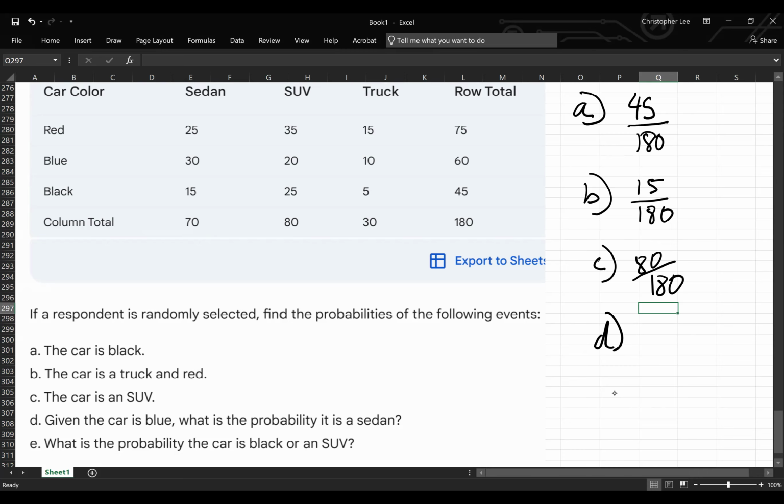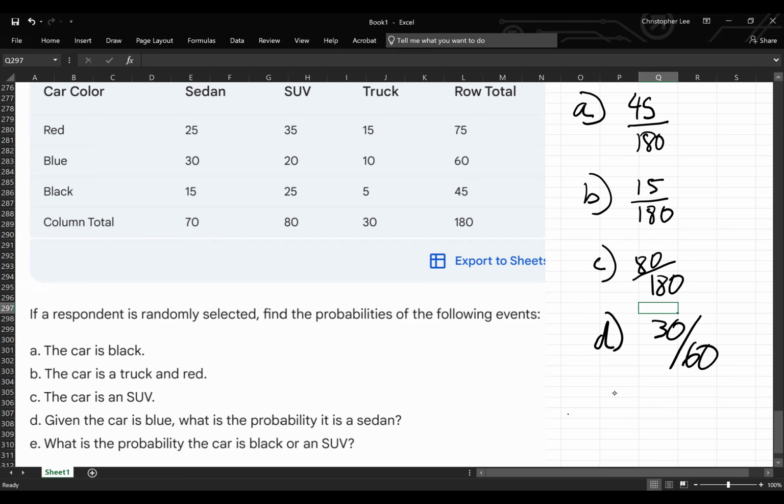It's the sedan. So whatever comes after the given, that's your denominator. 60 total cars, only 30 of them are sedan. So it's 30 over 60.